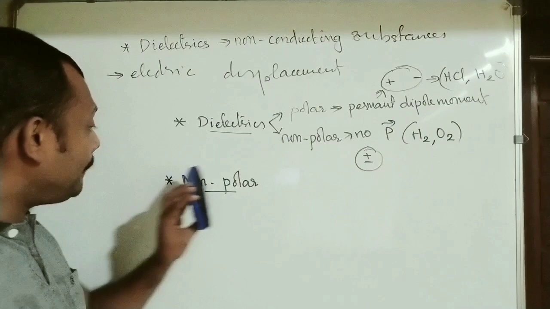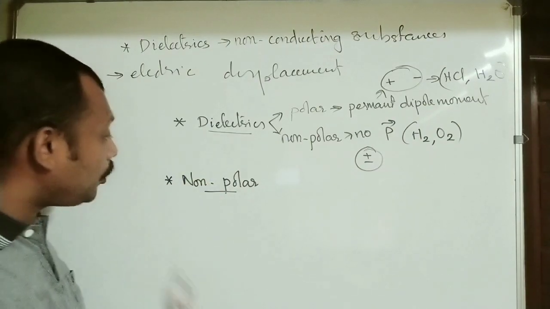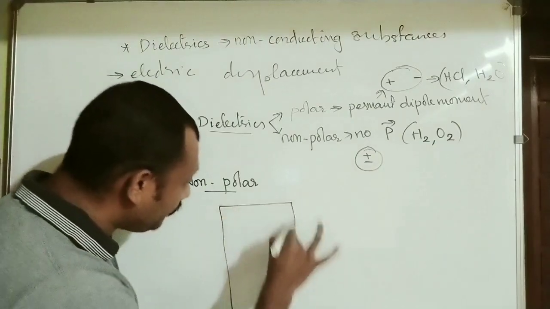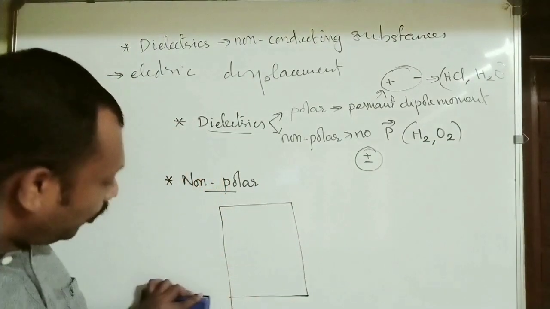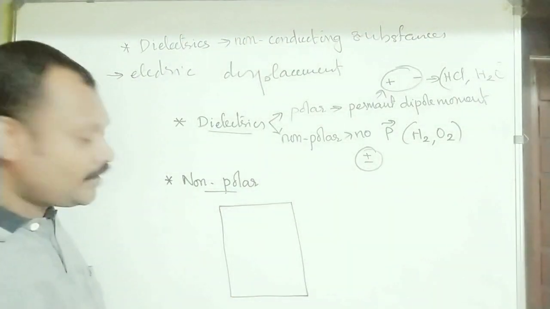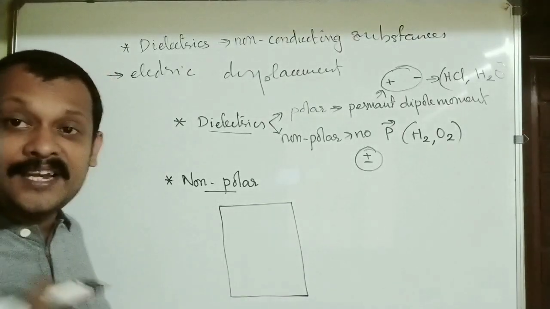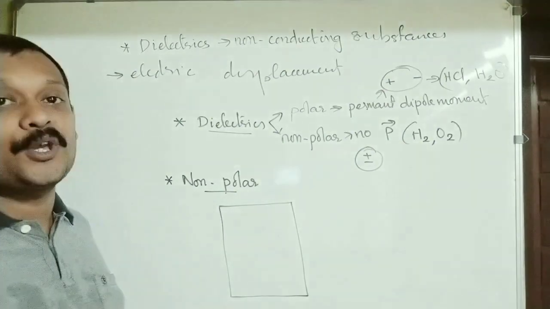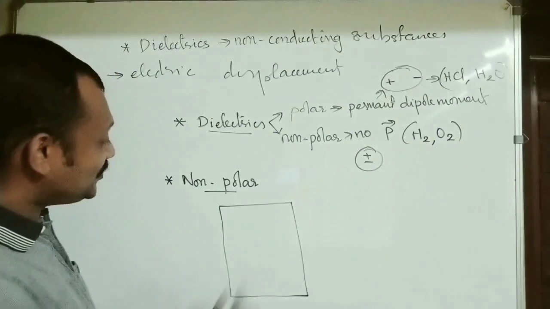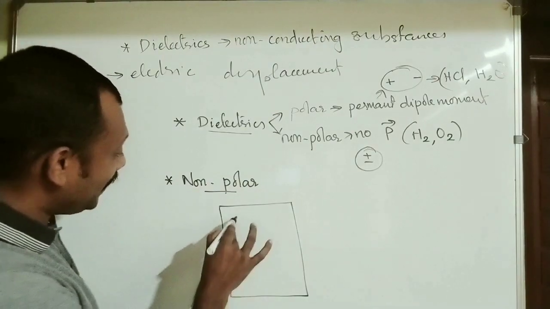Now let us see about the behavior of non-polar dielectrics. Let me take a block of a non-polar dielectric. Although I say block, you have to see that it's a small volume. In a small volume, you will find many molecules.